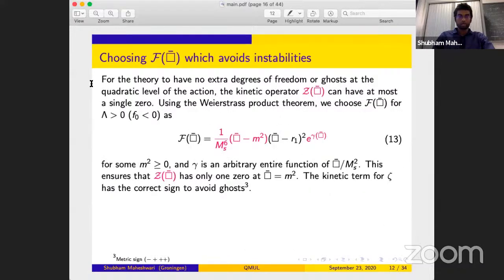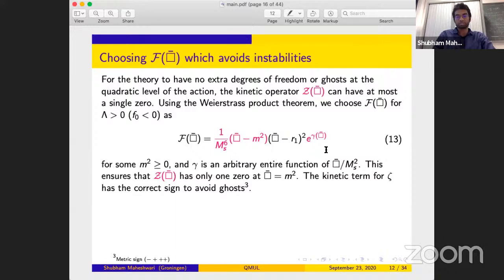So if you want to have a theory which has no extra degrees of freedom or ghosts, just by looking at the quadratic level of the action, we impose that the kinetic operator for the modes should have at most a single zero. And for this, I will use a simple mathematical theorem, which is the Weierstrass product theorem, which says that the exponential of an entire function, where gamma could be any entire function, does not introduce any zeros.